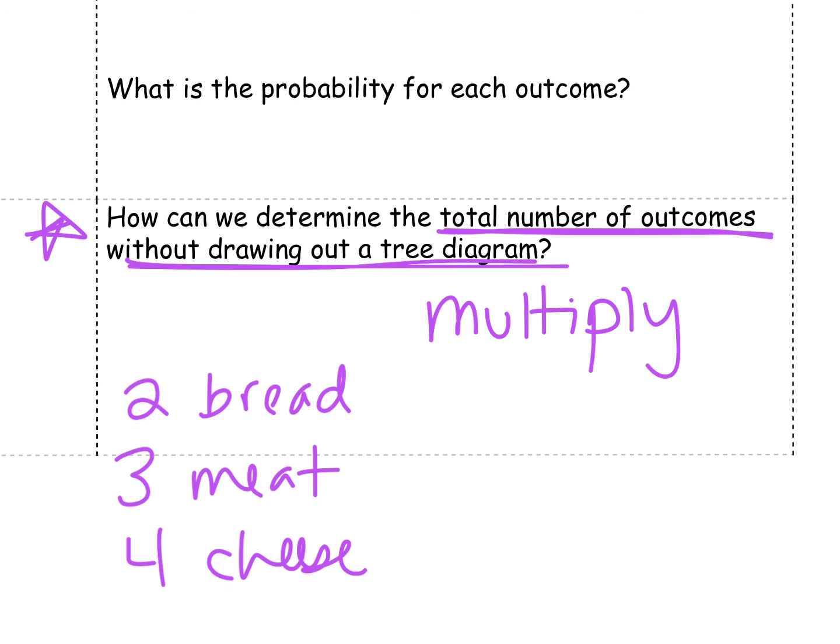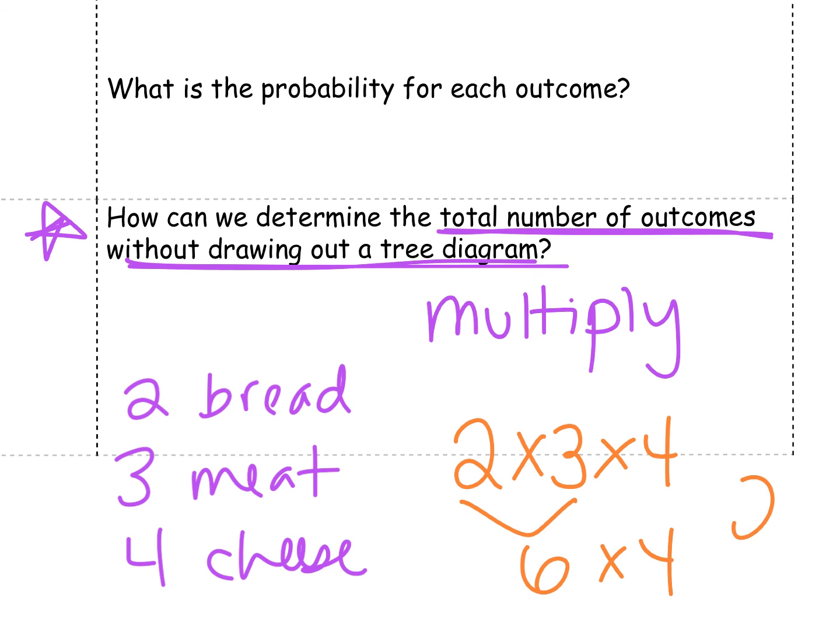That's a really, really big tree diagram to make. I'd have a lot of branches. But if I have 2 times 3 times 4, 2 times 3 is 6, 6 times 4, I know I have 24 different sandwiches that I could make. We could draw a tree diagram to show all of those different sandwich combinations. But if we don't have to, it saves us some time.